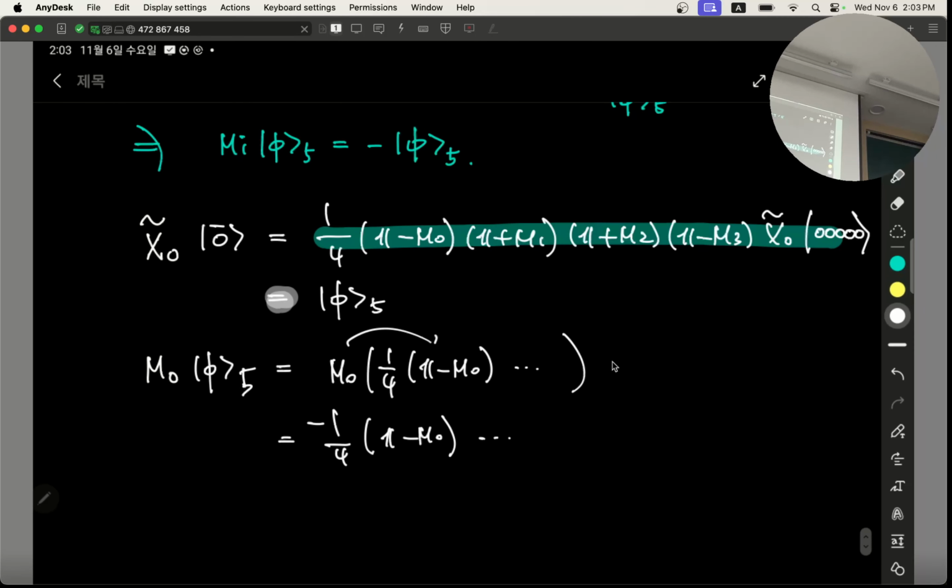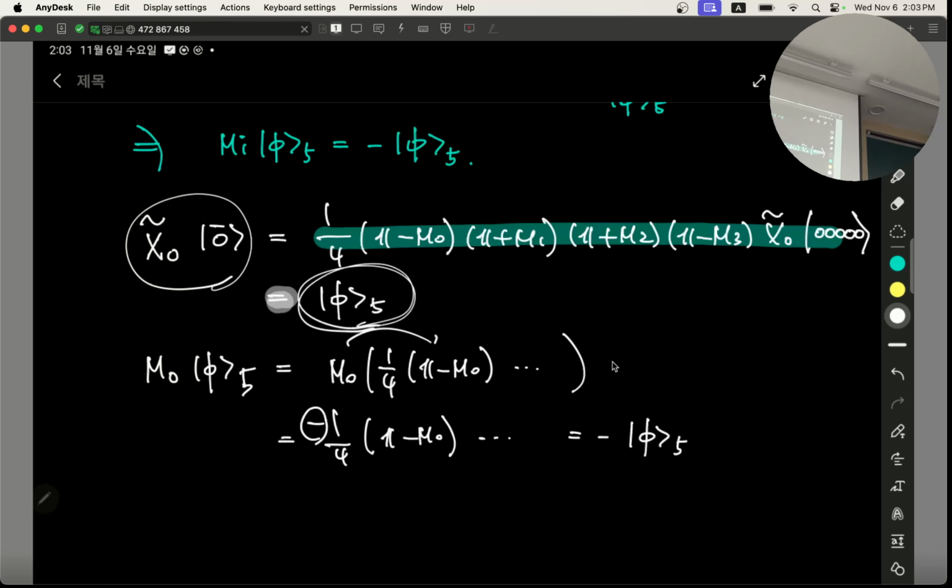Since I define this whole thing as phi, the difference is just a minus sign, so it's minus phi. So what is phi? Phi is the state of the logical zero when the x error occurred on the zeroth qubit.